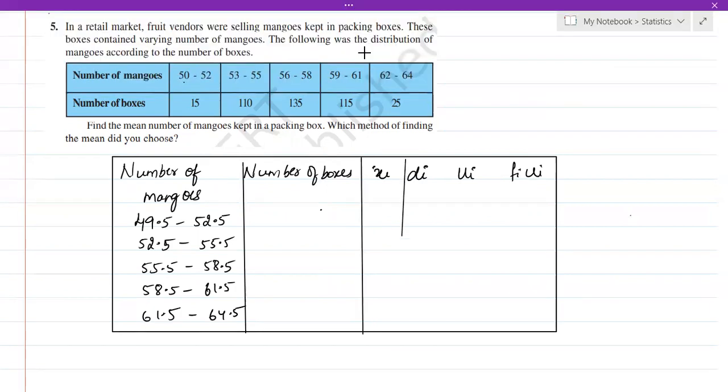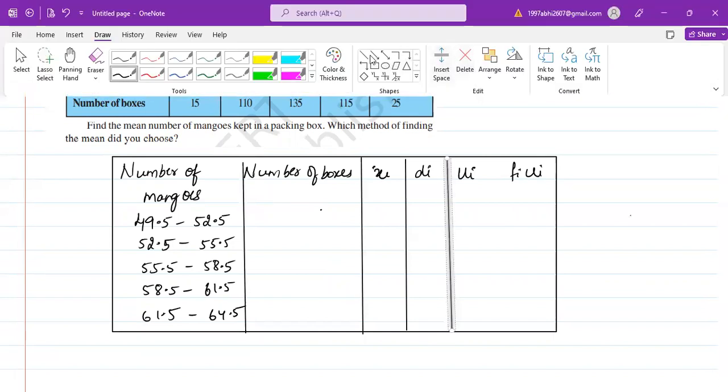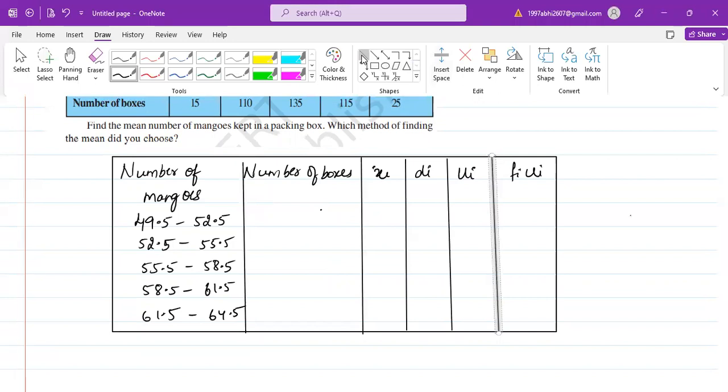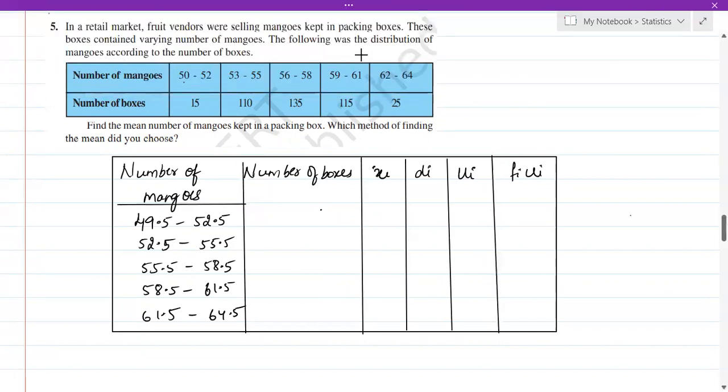So here we are going to solve it by step deviation method, because both xi and fi are large. That's why we are going to select step deviation method. So we finished constructing the table.